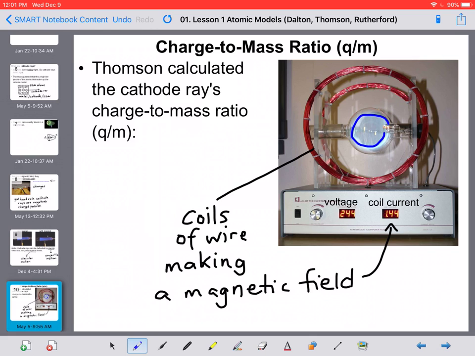Okay, and what Thomson noticed is that you could make the radius of this circle, so you can measure that radius there, bigger or smaller by changing the voltage. So what was actually happening is, remember that we have that formula, voltage is equal to change in energy over charge.